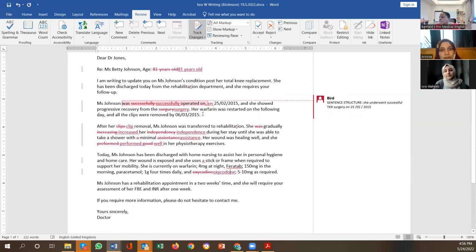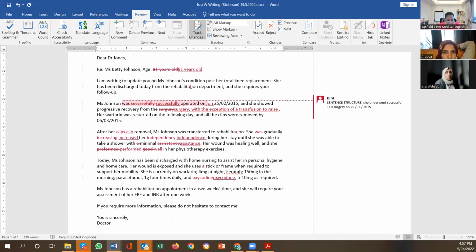So the only thing we need is that she needed an IV transfusion because of low hemoglobin. Surgery. So what you can do is actually wrap it up in here with the exception of a transfusion to raise her Hb to 100, 10 or 100?